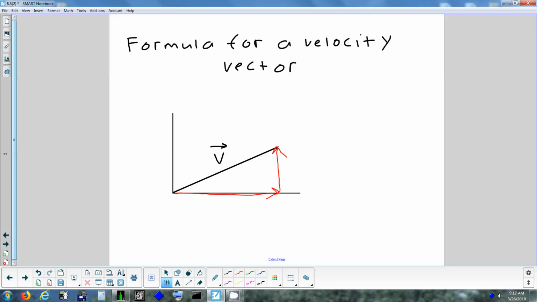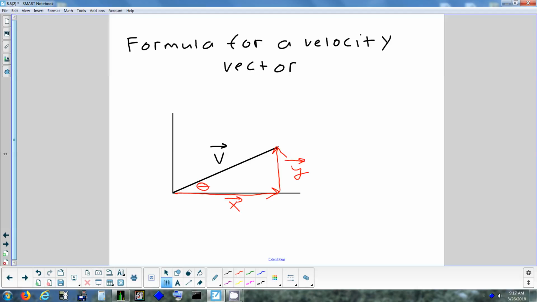But we're going to separate them out. And that is going to be my angle. Okay, let's call the horizontal component x, and that would be y. So we have two other vectors, x and y, that represent the components of vector v.